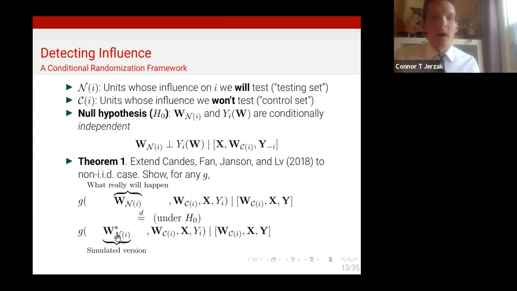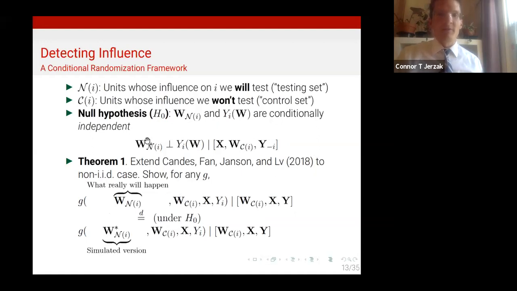Yeah, and I have some slides at the end which could get into this a bit more, but the simulated version here is not being generated by looking at the outcome data in any capacity. So that's part of the intuition for why we can condition on these observations. If we formulate the test statistic like this, we can condition on that data.